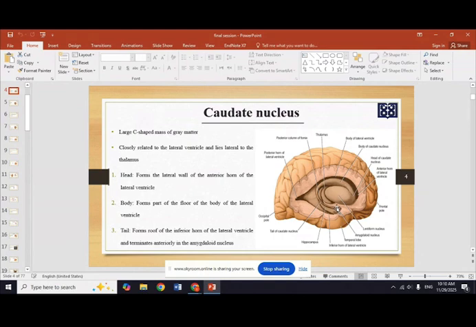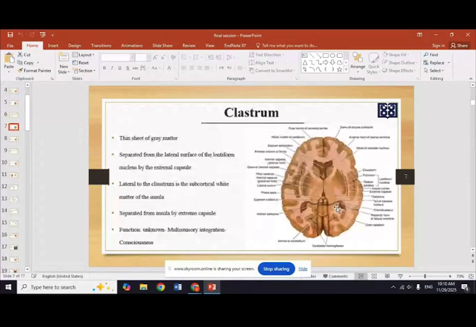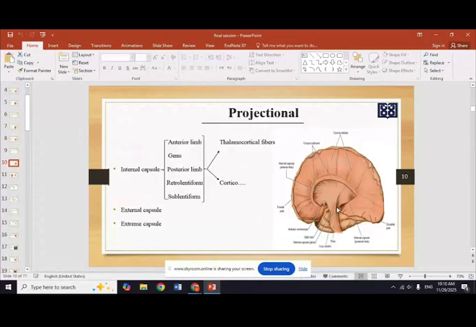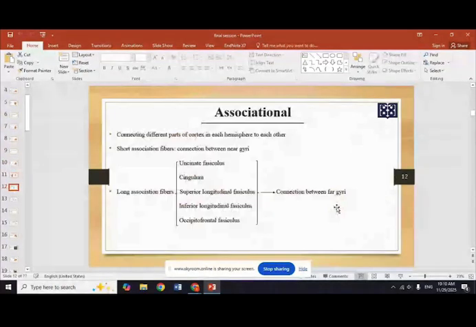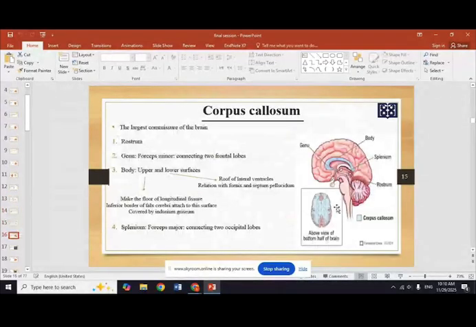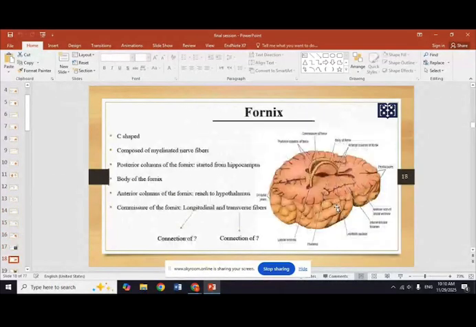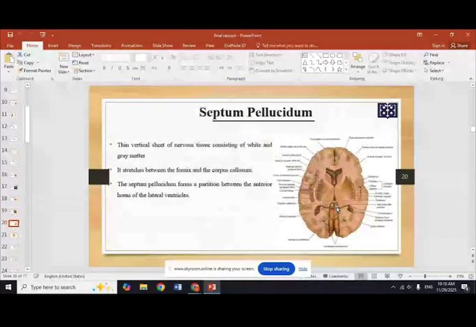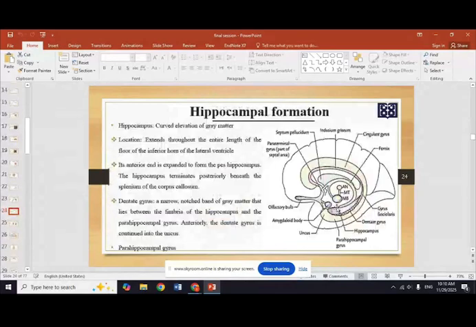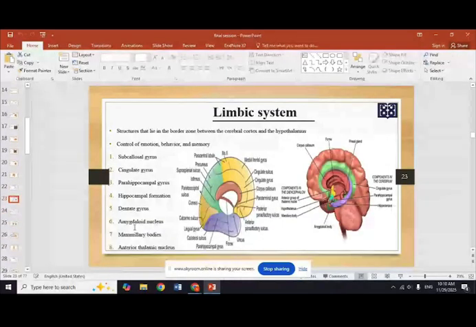Also you can see the amygdaloid nucleus in the inferior surface of the cerebrum. If you find the parahippocampal gyrus and go anterior and anterior, you find the uncus of the temporal lobe, and in the depth of the uncus we find the amygdaloid nucleus.